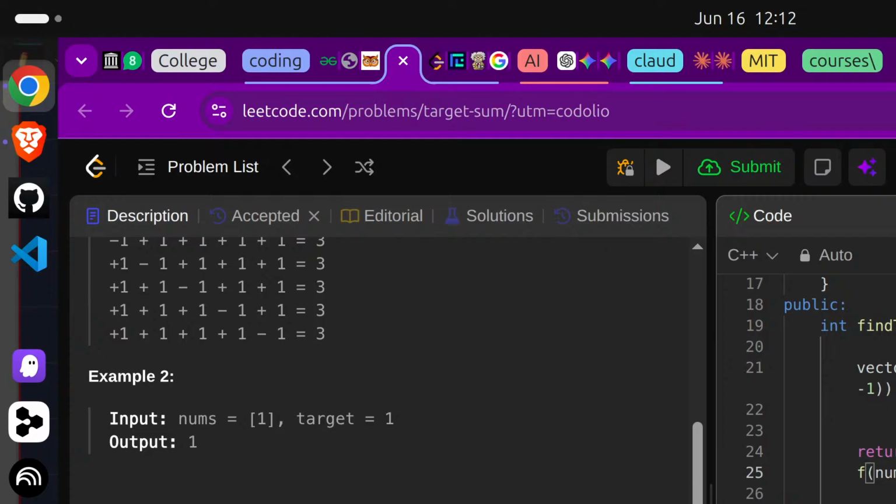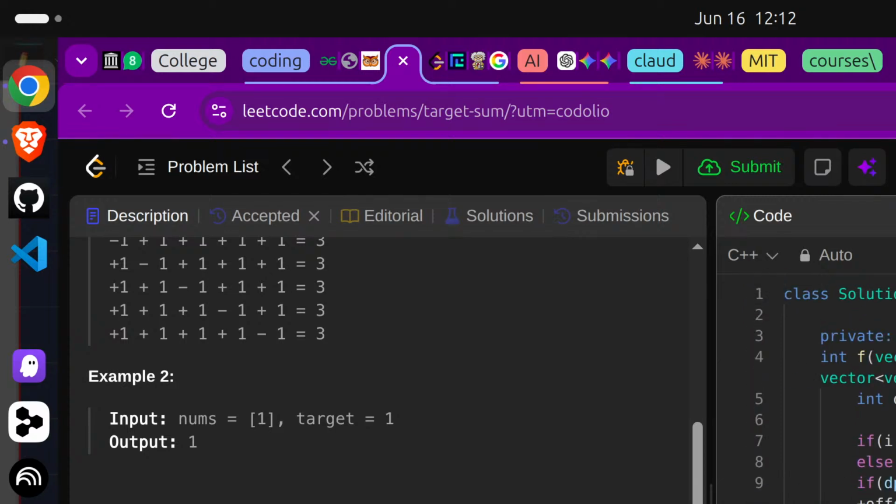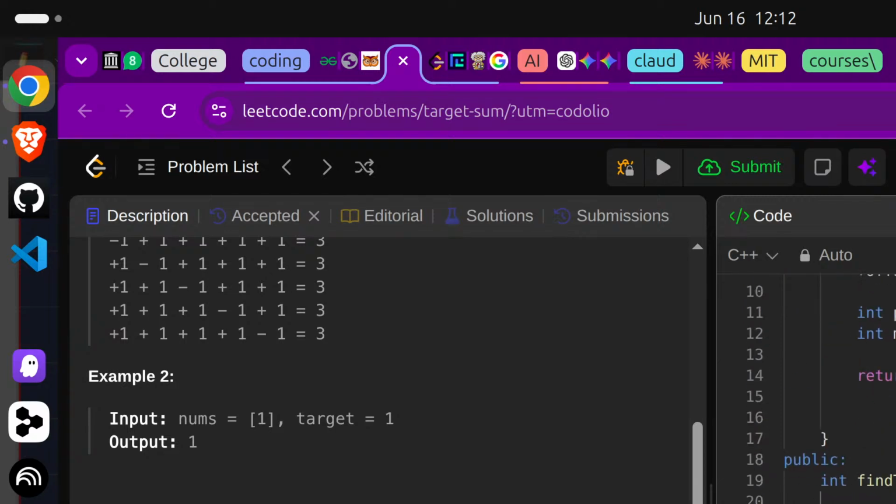Okay, return dp of, so we have to, which is not i, which is nums dot size -1, which is n, right?